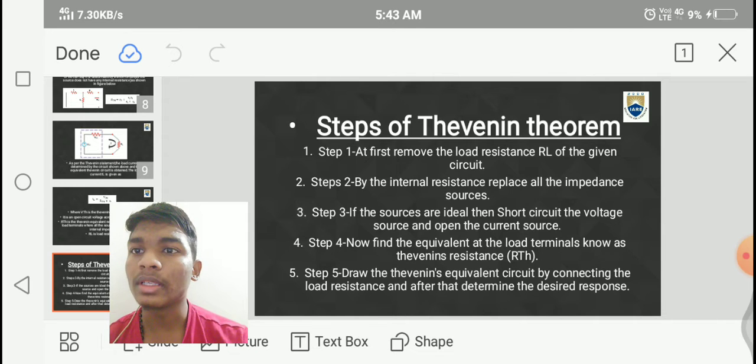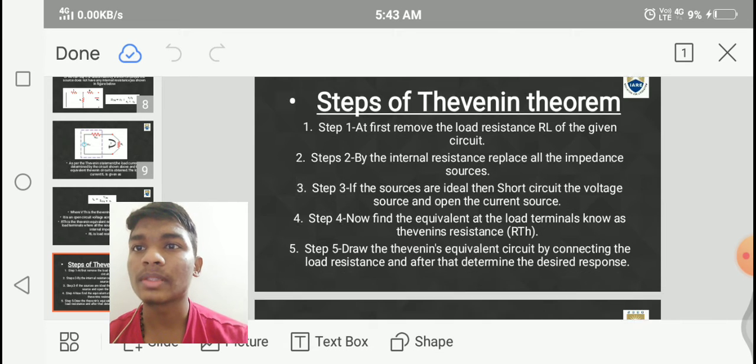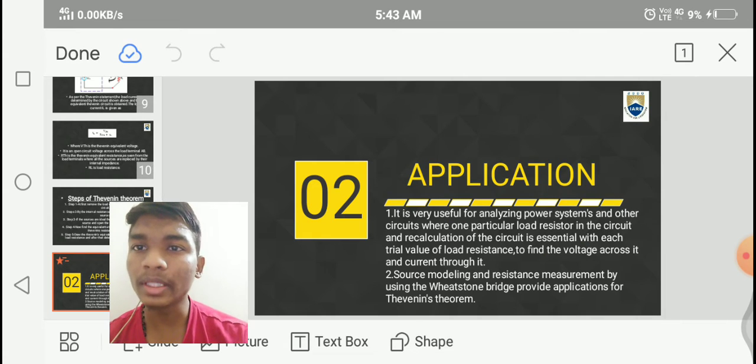Step 4: now find the equivalent resistance at the load terminals, known as Thevenin resistance, R Thevenin. And step 5: draw the Thevenin equivalent circuit by connecting the load resistance, and after that determine the desired response.